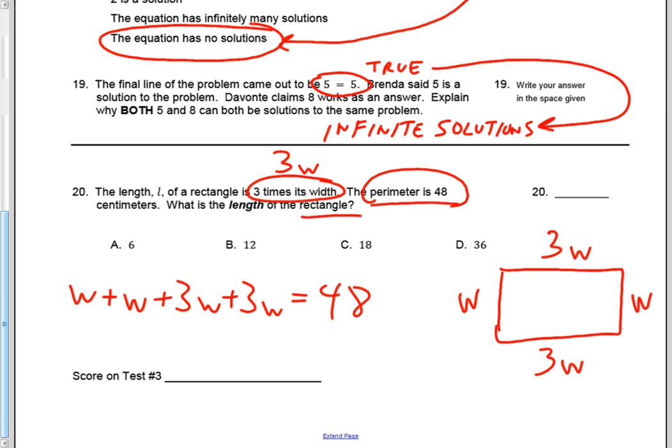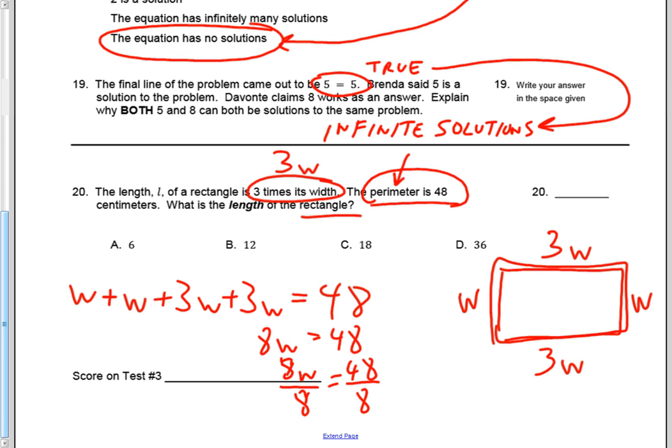So you are solving that equation. Why am I adding them all up? Perimeter. Perimeter is the distance all the way around. Six is not the answer.